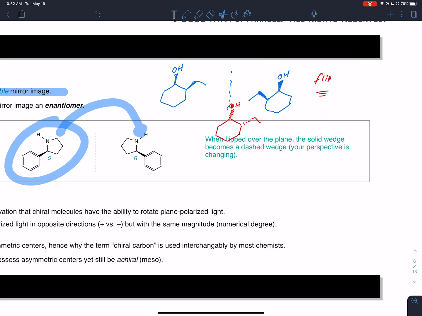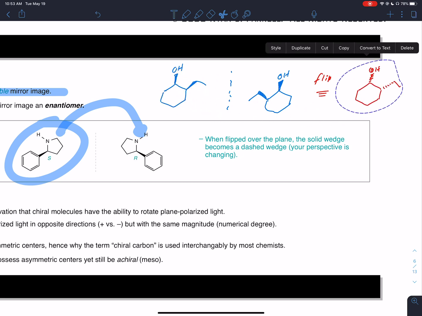I'm going to show you how these are non-superimposable. Notice how the OH in the red compound is dash wedge, and that's not overlapping with the OH in the blue molecule because it's solid wedge. And similarly, the ethyl in the red molecule is dash wedge, and in the blue molecule it's solid wedge. These are non-superimposable, and they're not superimposing at each asymmetric center.